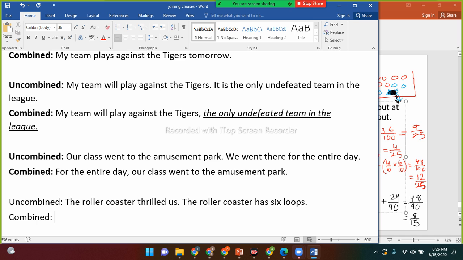How can we combine these? Sierra, or do you want to try? Okay. I don't know how to word it. Okay, no problem. Deja, do you want to try?